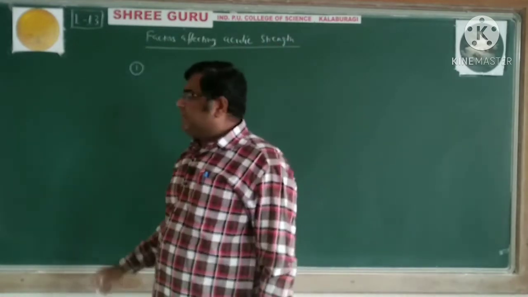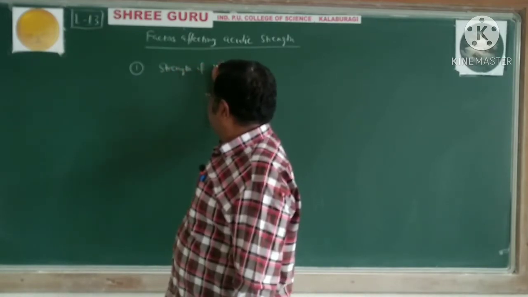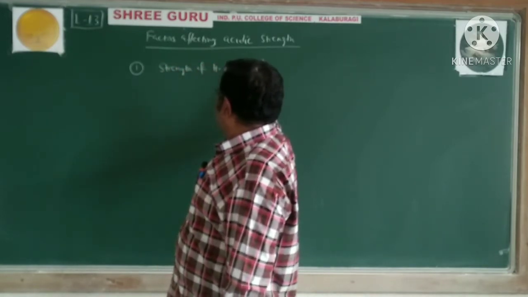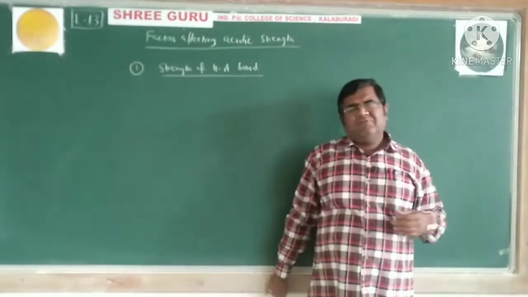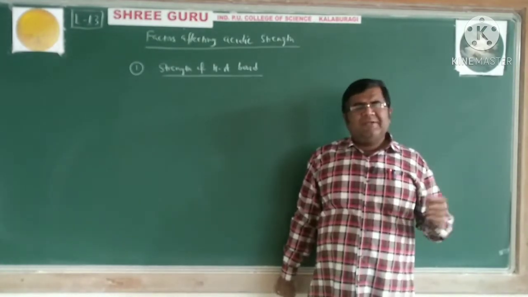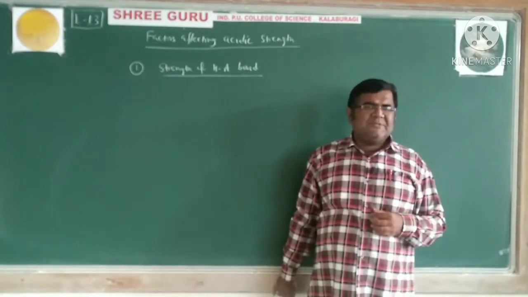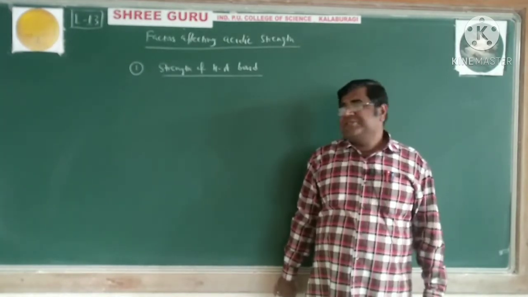The first factor is the strength of the HA bond. What is this H? H plus ion, which can be donated. HA is acid, and it can release H plus ion. That's why we call it as it has acidic nature.